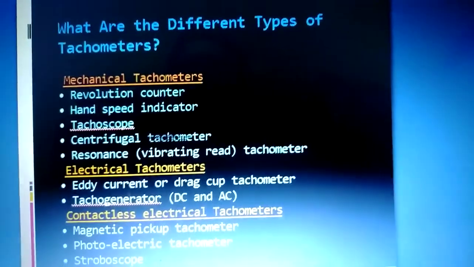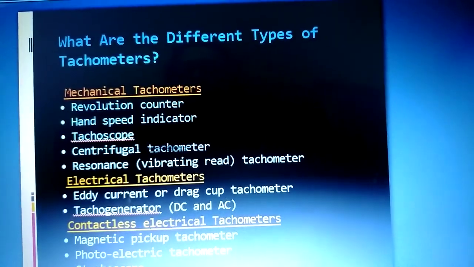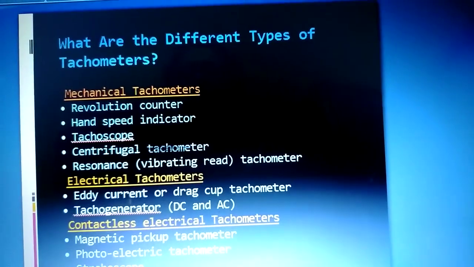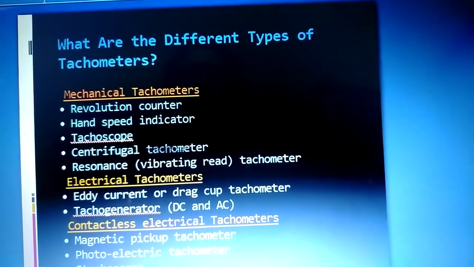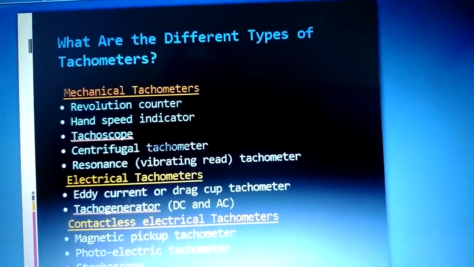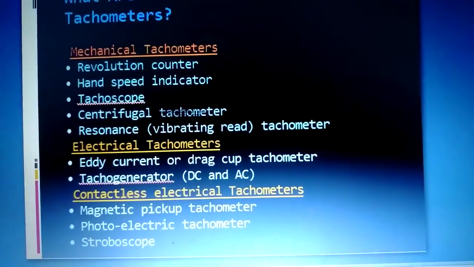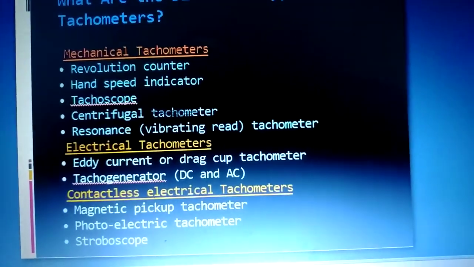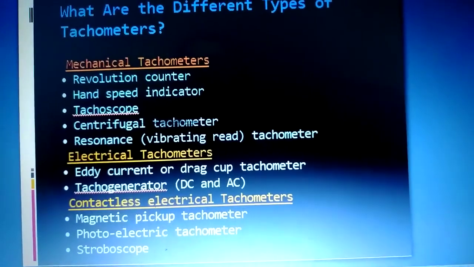The second is the tachogenerator or tachometer, AC or DC tachometers. All these three come under electrical tachometers. The next one is contactless electrical tachometers.